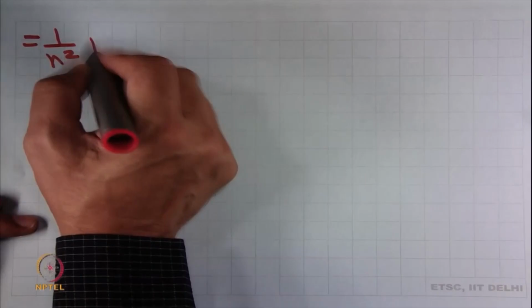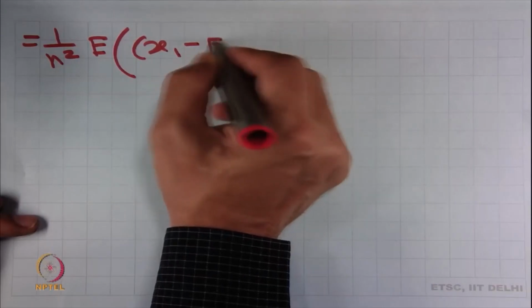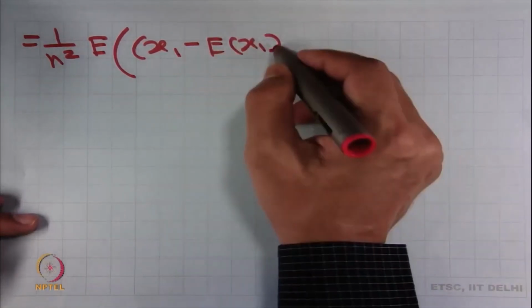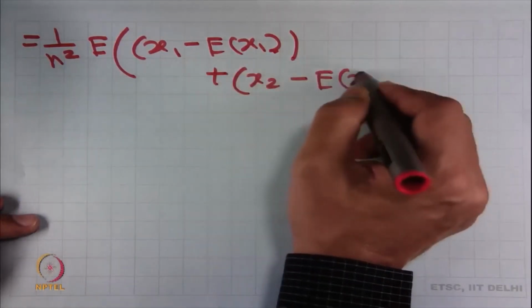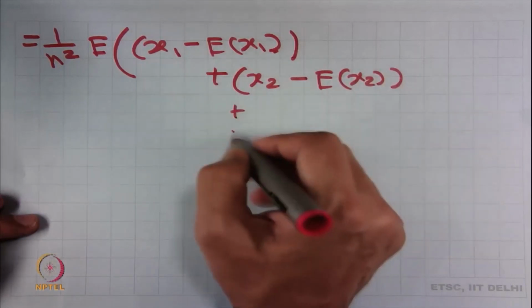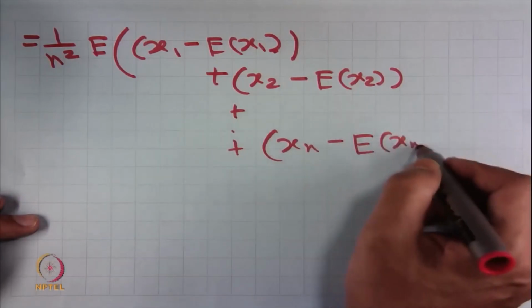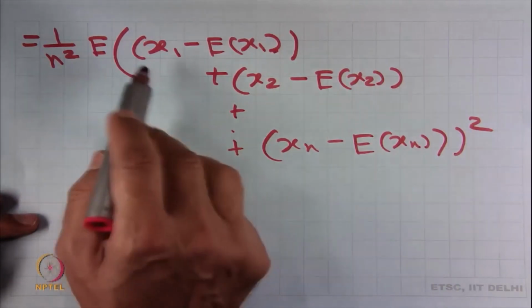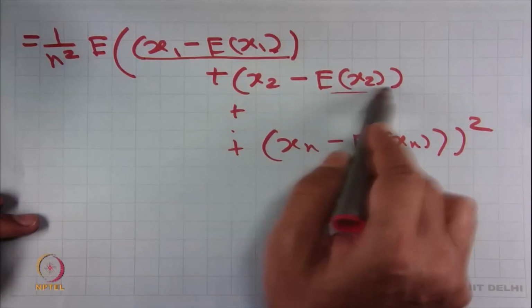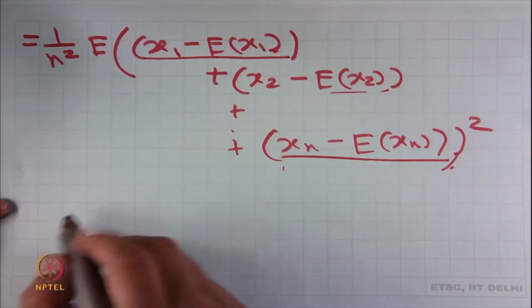We rewrite it as expected value of x1 minus E of x1 plus x2 minus E of x2 plus xn minus E of xn whole square. So, it is n terms and their square's expectation.